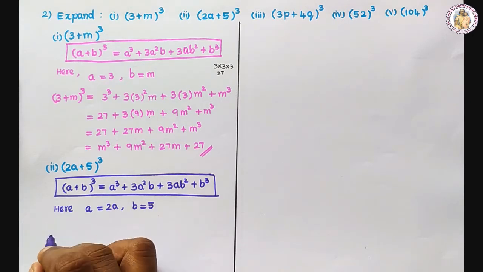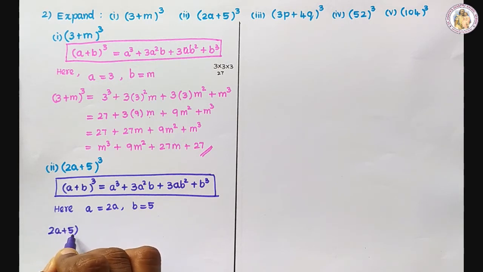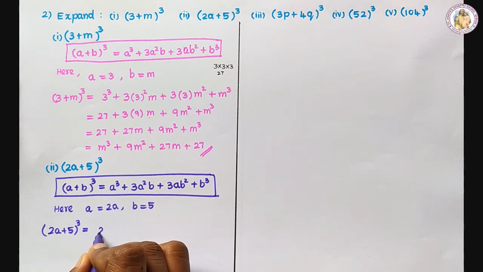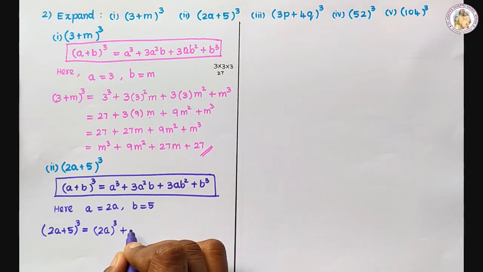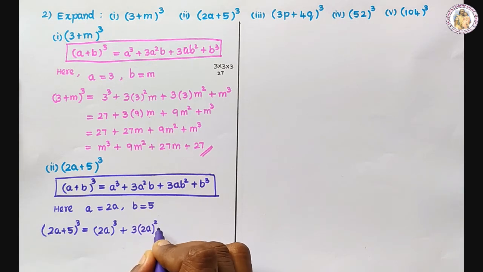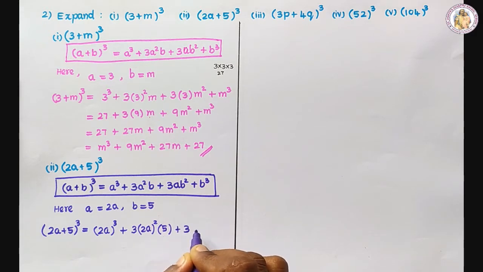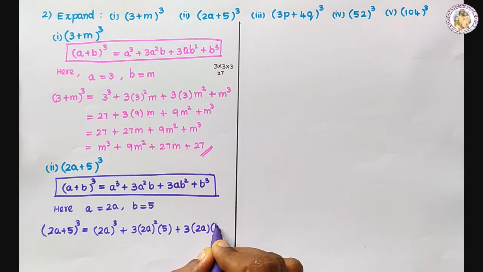Now substitute the values. (2a plus 5) whole cube equal to a cube, that is (2a) whole cube, plus 3 into a squared, (2a) whole square, into b, that is 5, plus 3 into a is 2a and b is 5, 5 squared, plus b cube, that is 5 cube.